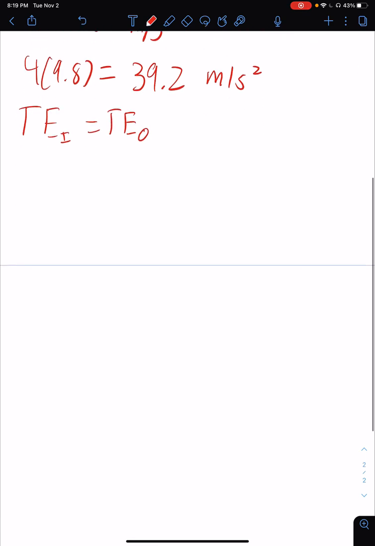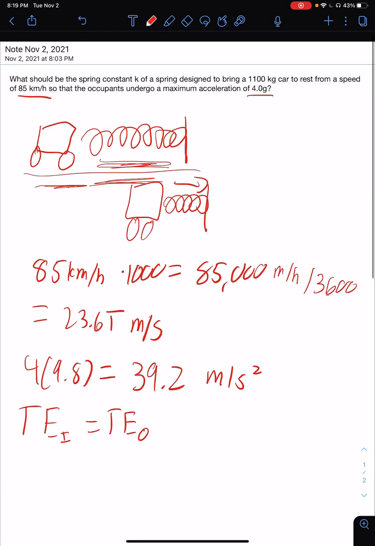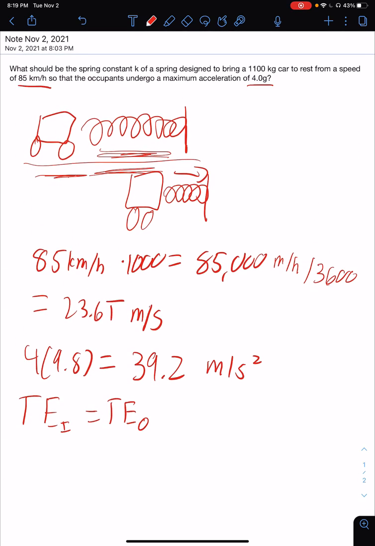That's the law of conservation of energy. This is going to be our start point, and this is going to be our end point. The start point is right before the car hits the spring, and the end point is when the car completely stops. So at the beginning, this is going to have a certain kinetic energy. Then here, all the energy is going to be transferred to potential energy of the spring.